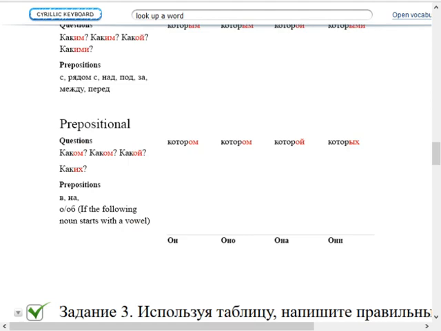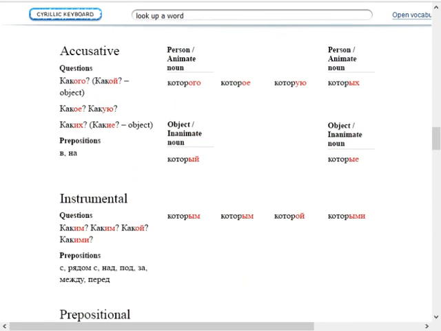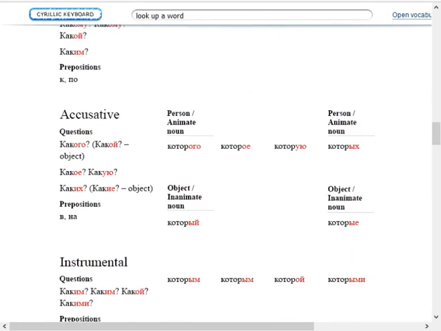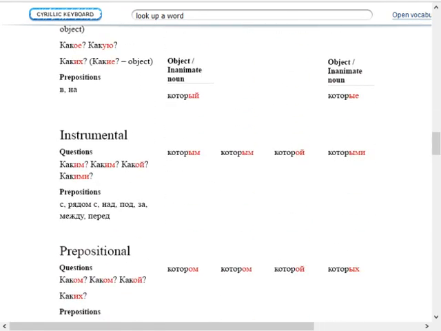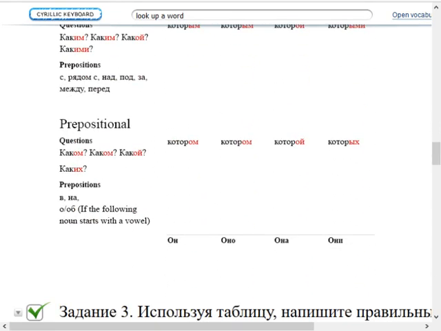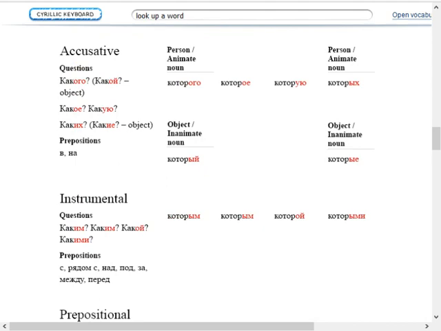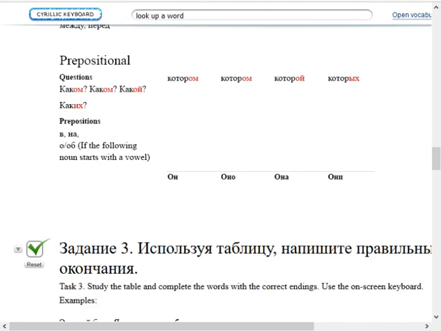So we see here that на shows up under prepositional, but it also shows up here under accusative. The deal is there is a distinction between being on the lake or on the sea and going onto the sea. If you say I'm going onto something, that's accusative. But if you say I am already on something, then that's prepositional.